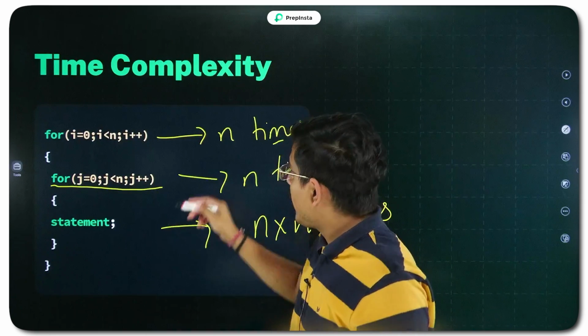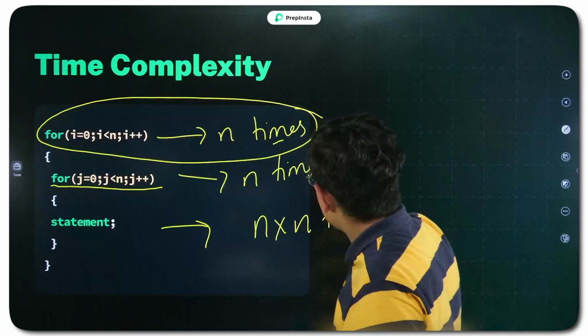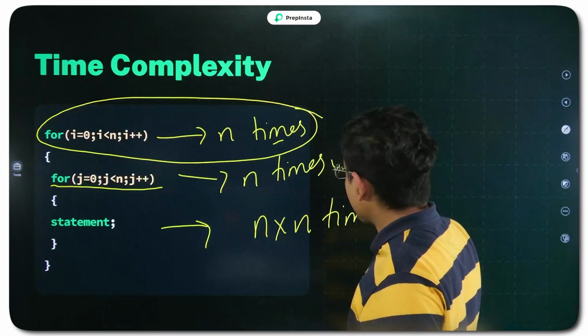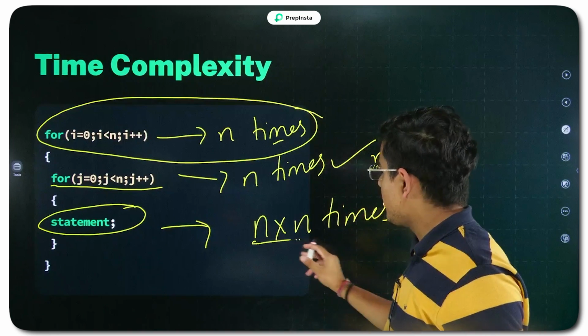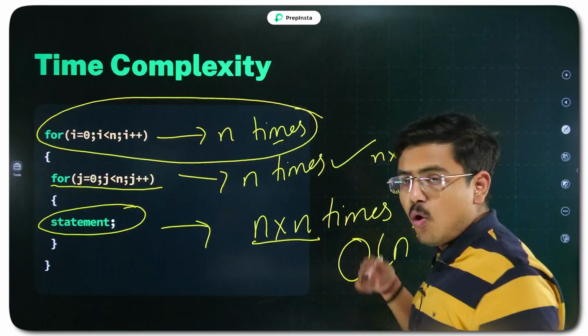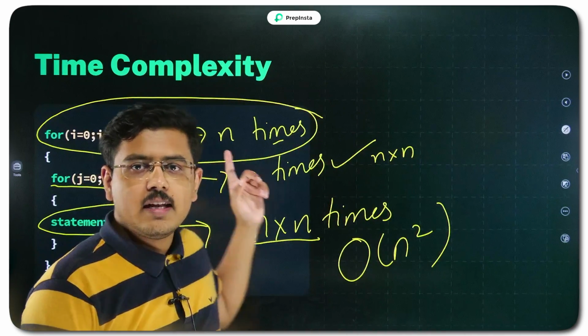Why so? Because for every iteration of this, this will run n times. So basically this becomes n into n. And when this is n into n, this statement also runs for n into n times, which basically means order of n square, or big O of n square, is the time complexity of this nested loop.